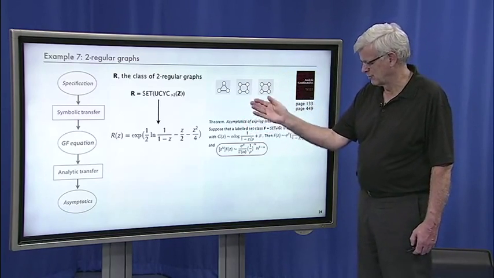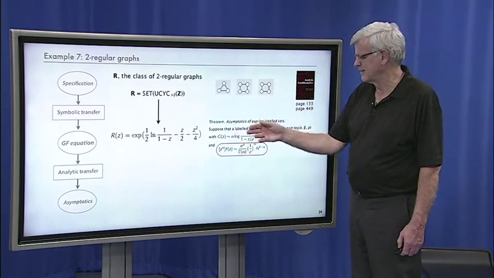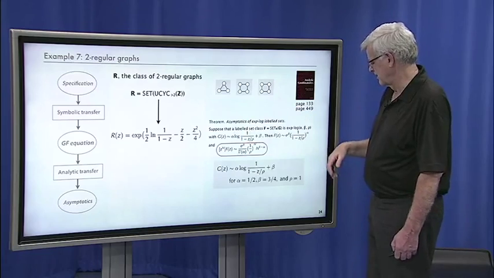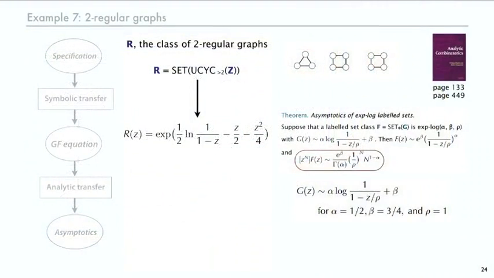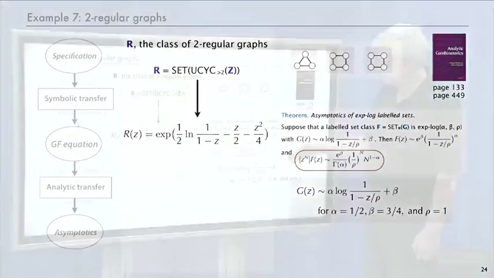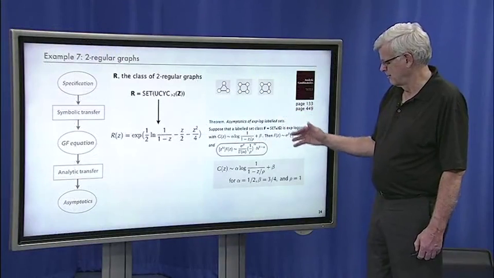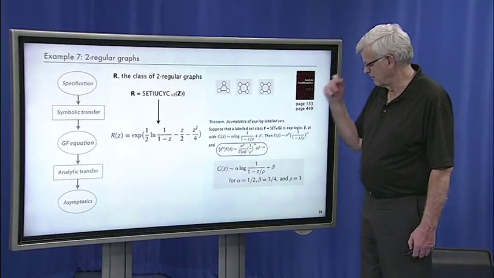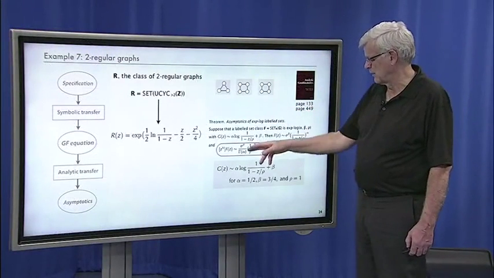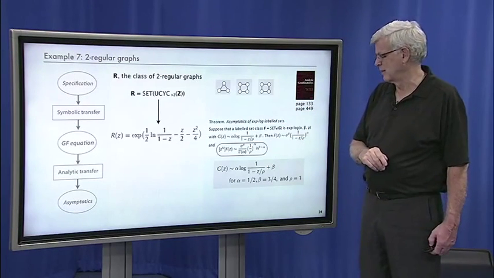The singularity closest to the origin is 1. Near that, we have beta equals 3/4, alpha equals 1/2, that's the coefficient of the log, and rho equals 1. Immediately, now we can apply the theorem. Beta is 3/4, so we have e to the 3/4. Alpha equals 1/2, so we have gamma of 1/2.